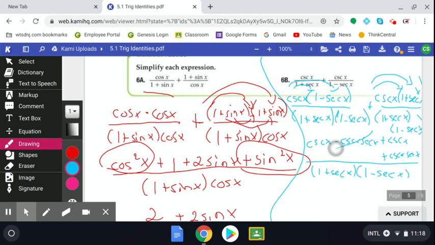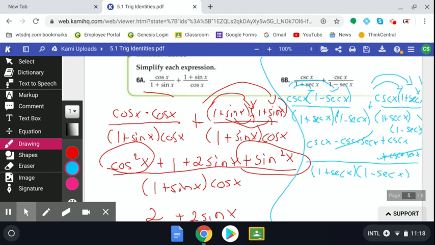Now these are going to cancel out because it's negative cosecant x secant x plus positive cosecant x secant x. So now cosecant x plus cosecant x is 2 cosecant x.